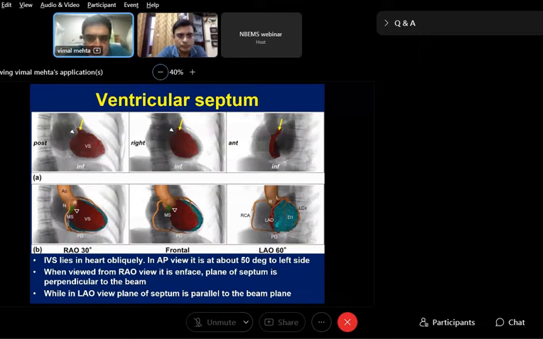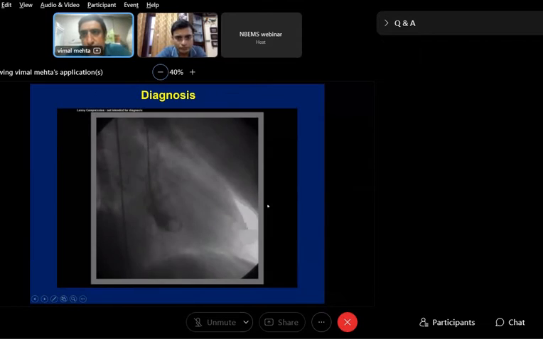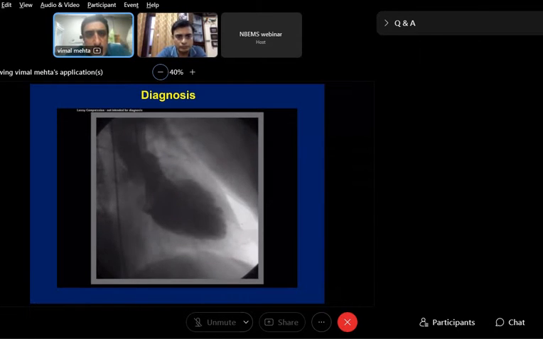That is, it is like this. In the LAO view, it will be like this. And in the LAO view, you will see left and right coronary cusp clearly, and the non-coronary cusp will be protruding in between both of them. So this is important to note.